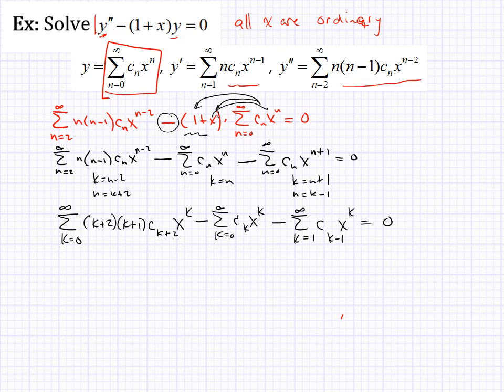So now our x to the k's are all set up. Now we just have to do our indices. Well, the highest one is a 1, so this has to go up by 1, this has to go up by 1. So we'll run one term out of here, run one term out of here.